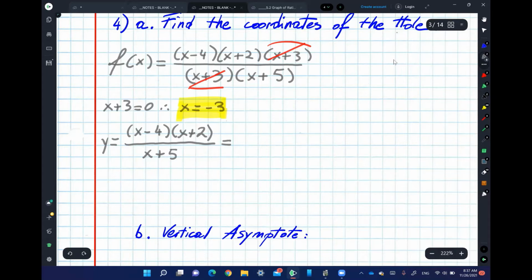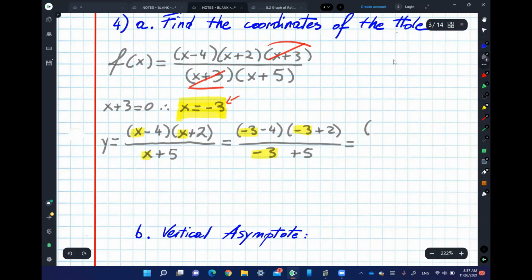And then I just need to replace x by the value I just found, which is -3. So I have -3 minus 4 times -3 plus 2, this whole thing divided by -3 plus 5. I just plugged in -3 instead of x.